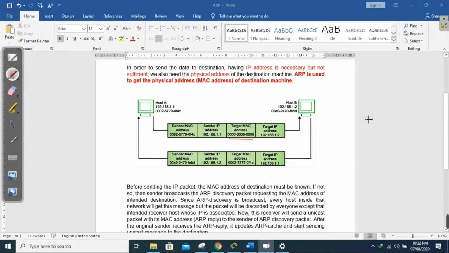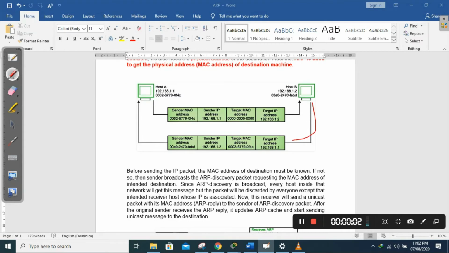In our scenario we have just one PC, but let's say there are multiple PCs. The packet goes to all possible destinations, but only the destination whose IP address matches the packet's target IP address will respond. So in this case host B will respond.